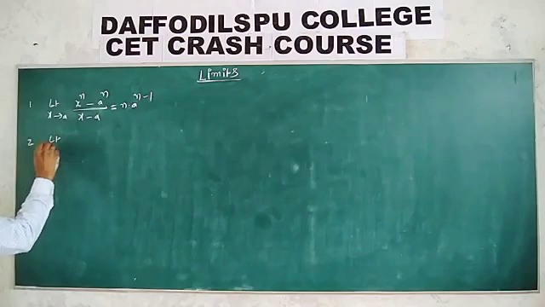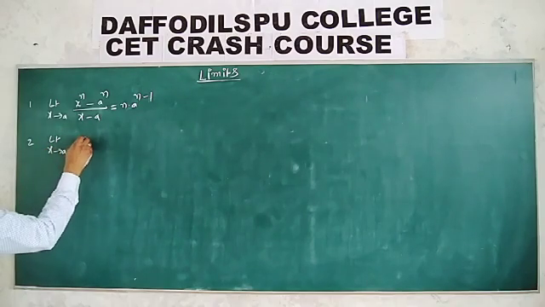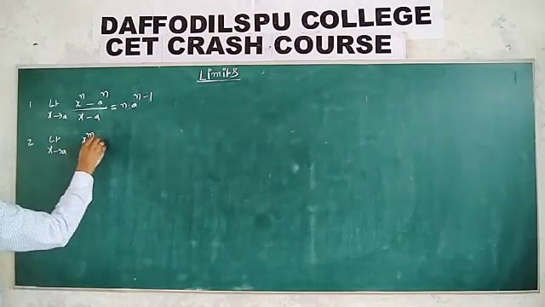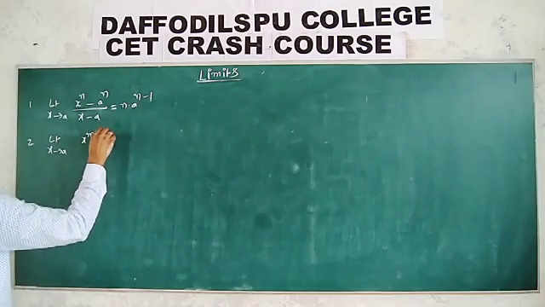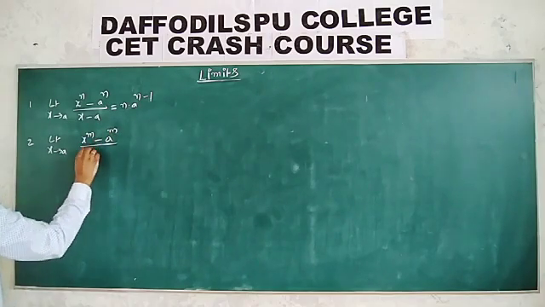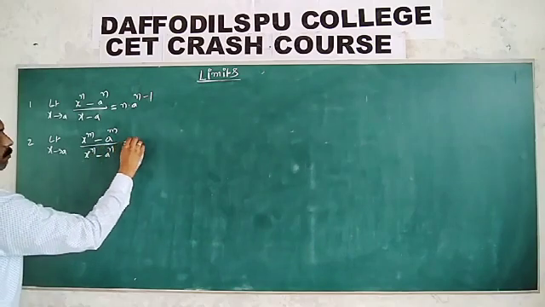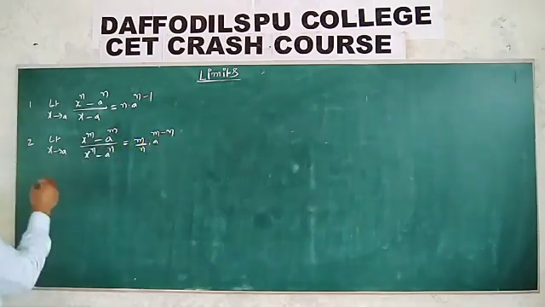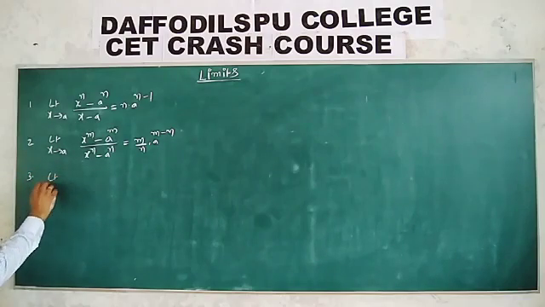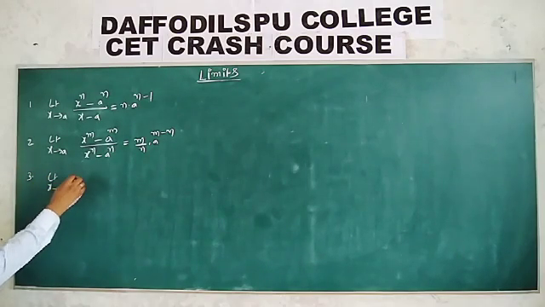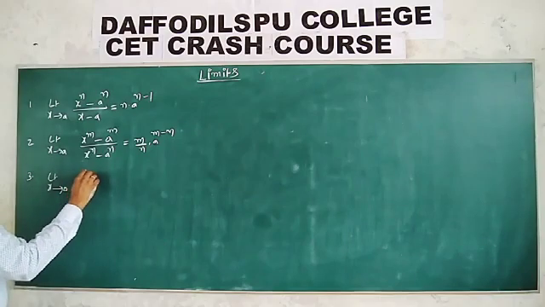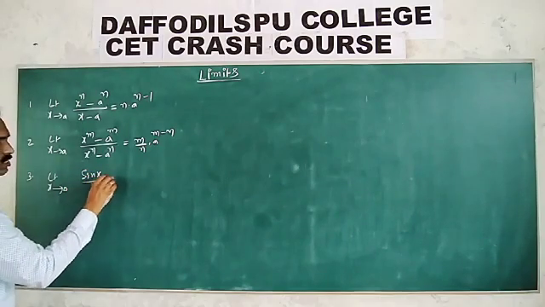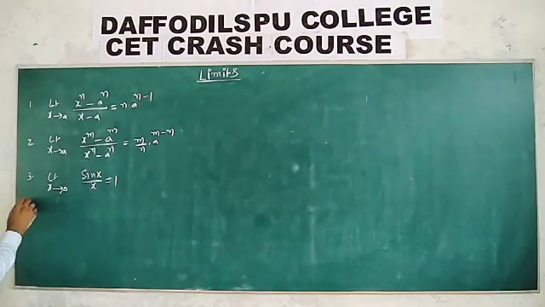Similarly, limit x tends to a, x power m minus a power m divided by x power n minus a power n, this is equal to m by n, a to the power of m minus n. By the standard theorem already proved in first PUC, limit x tends to 0 sin x by x, how much? 1. sin x by x is equal to 1.